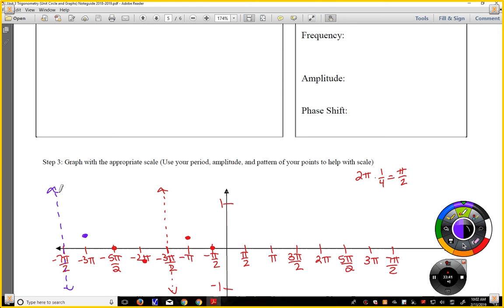Okay, let's say we went the other way, right? Asymptote, okay? Point above, point at 0. Next time I move over, the point should be below. The next time I move over would be the next asymptote. I'm trying to follow patterns from the first cycle that I set up on the graph, right?